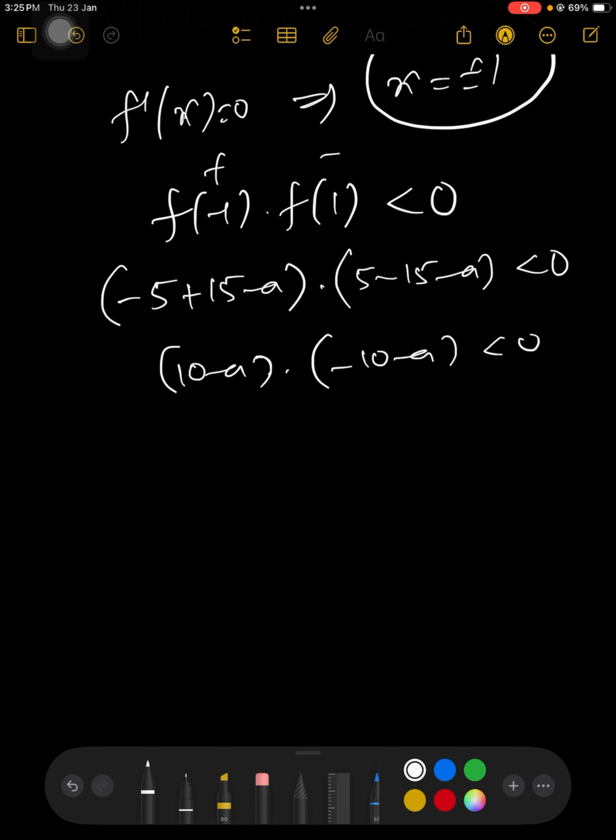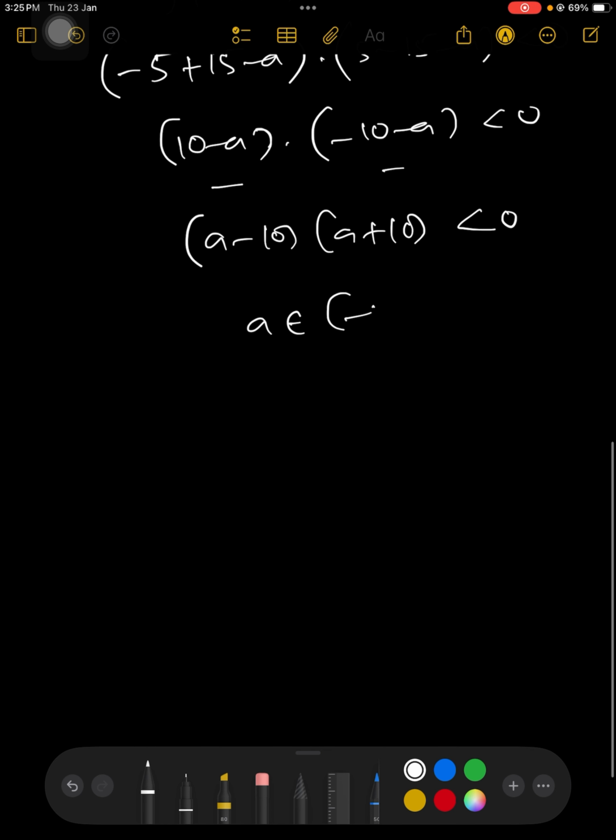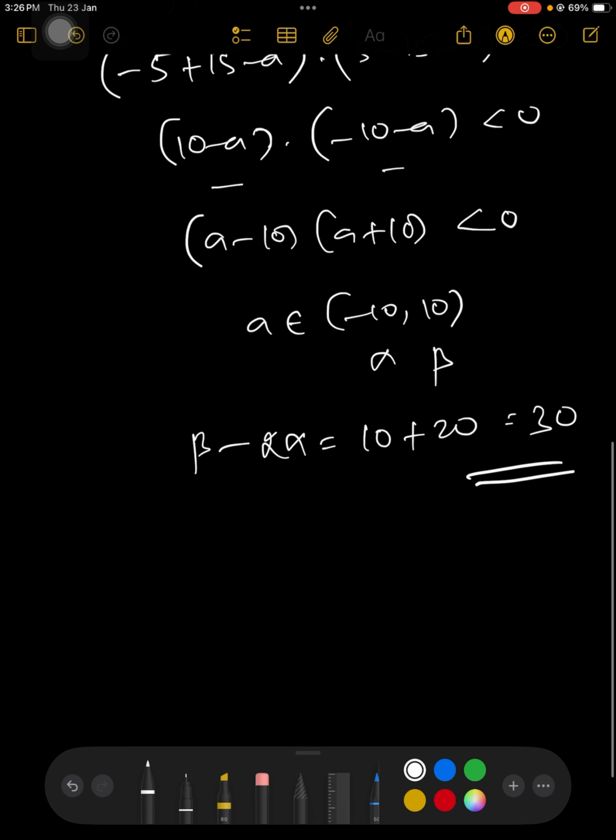Taking a minus common here and a minus common here, this is (A minus 10) and (A plus 10) less than 0. So clearly A belongs to (minus 10, 10), which is nothing but (alpha, beta). We want to find beta minus 2 alpha: 10 plus 20, that is equal to 30.